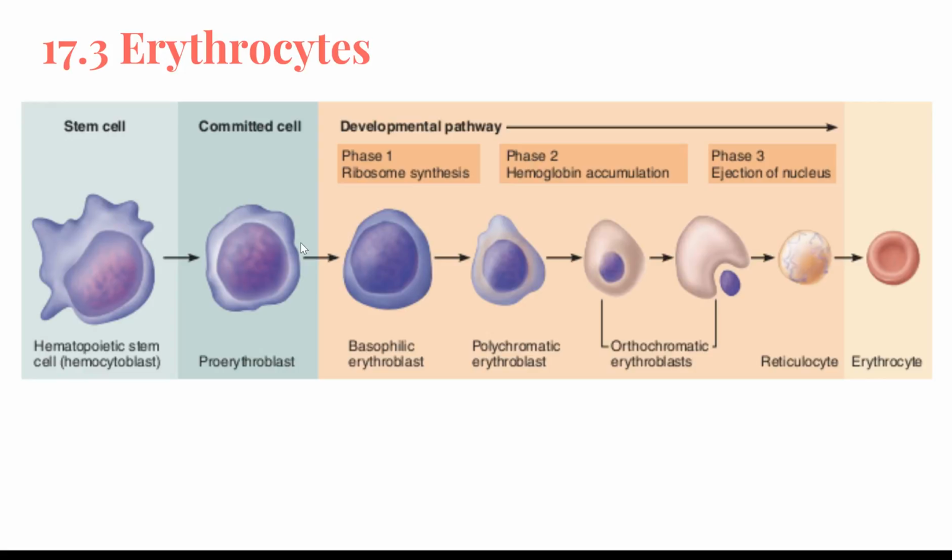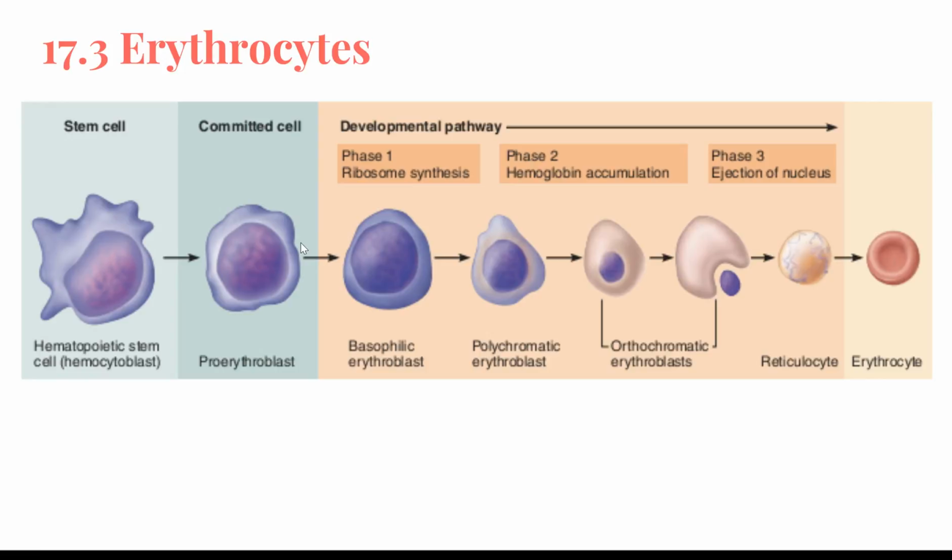During these first two phases, the cells divide many times. Hemoglobin is synthesized, and iron accumulates as basophilic erythroblast transforms into a polychromatic erythroblast, and then an orthochromatic erythroblast. The color of the cell cytoplasm changes as the blue staining ribosomes become masked by the pink color of hemoglobin.